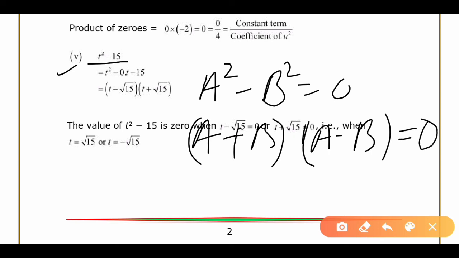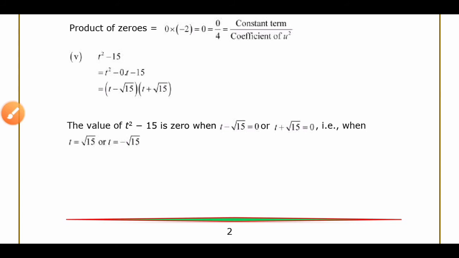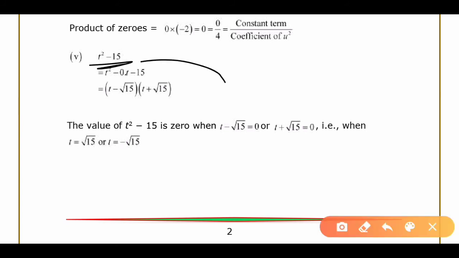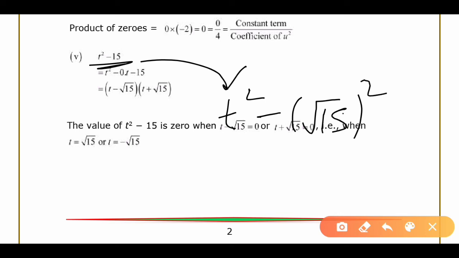Clear? Now you can see this equation is in the form t square minus (under root 15) square. So we can expand it like this: (a minus b) into (a plus b). Clear? And then we'll equate it equal to 0.